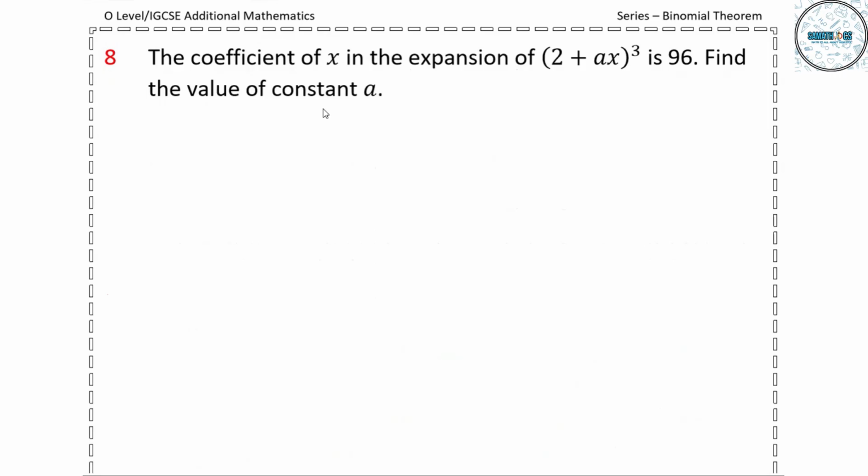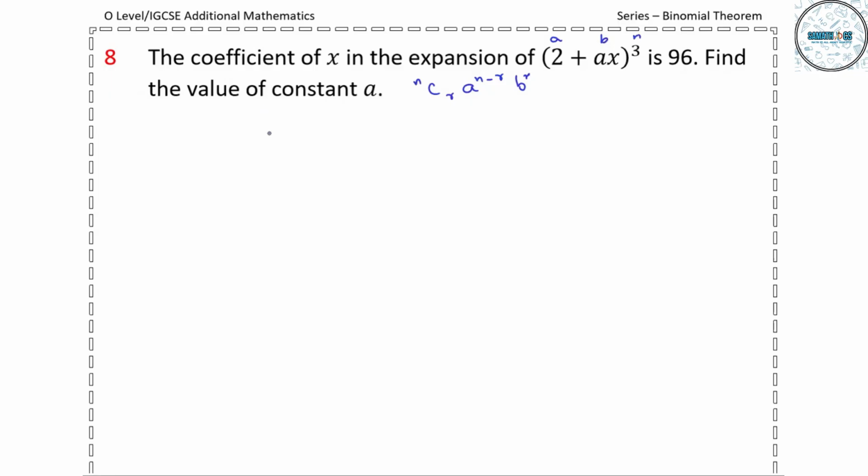We have to find the value of a given that 96 is the coefficient of x. So we will apply the formula, which is nCr a power n minus r and b power r. 2 is a, ax is b, and 3 is n.